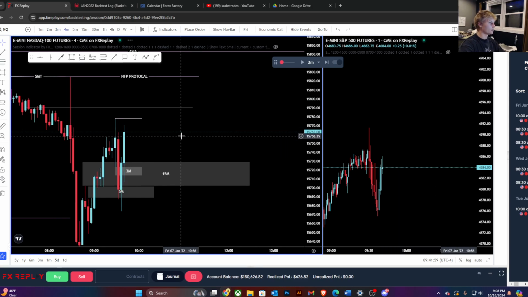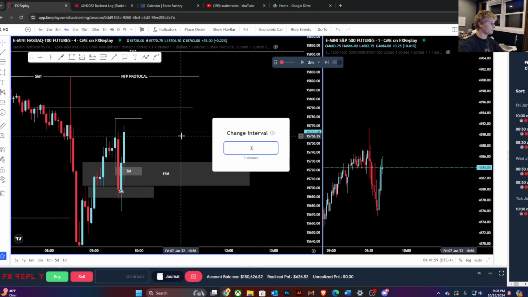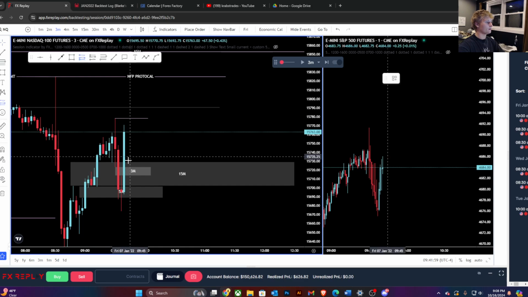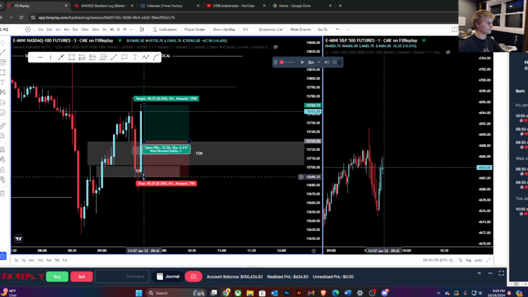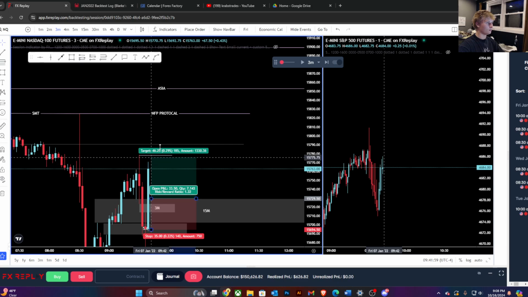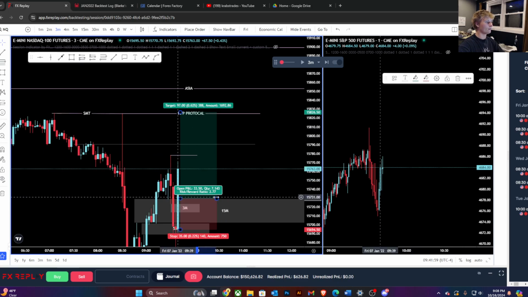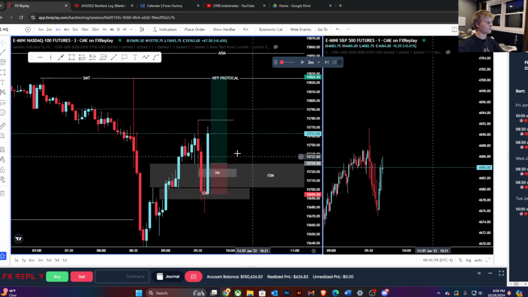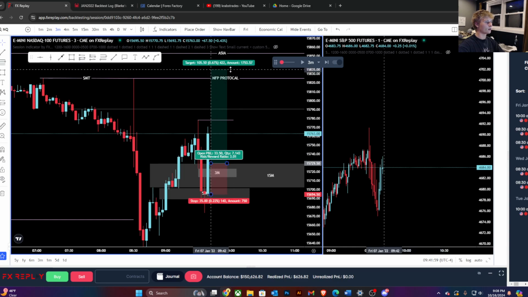So yeah, we'll try if we can get in with a limit, but if not, then, yeah, good risk here as well. About 1 to 3 to this high around.